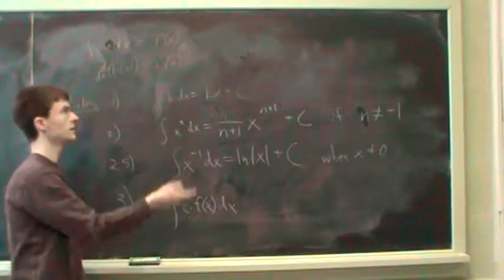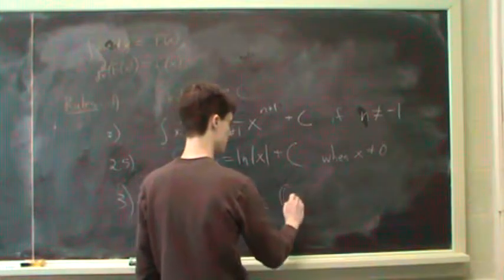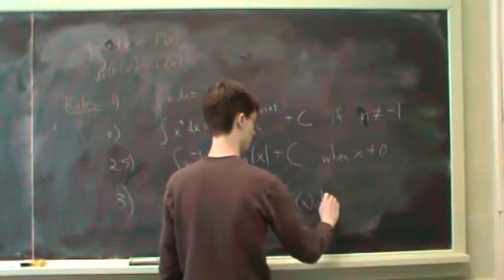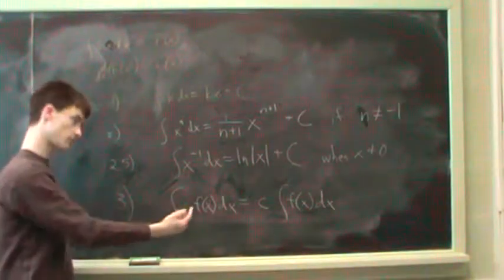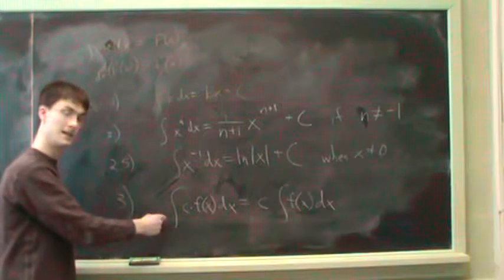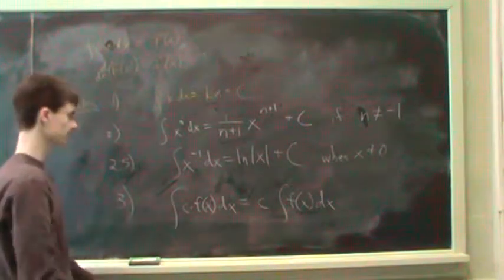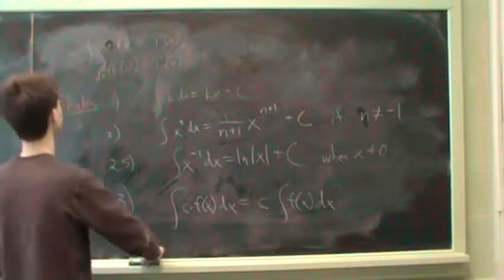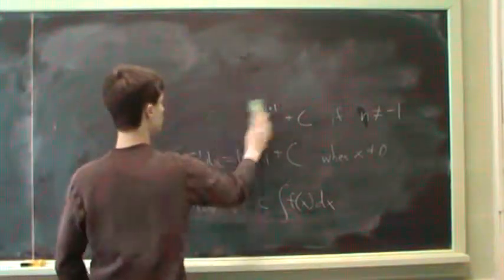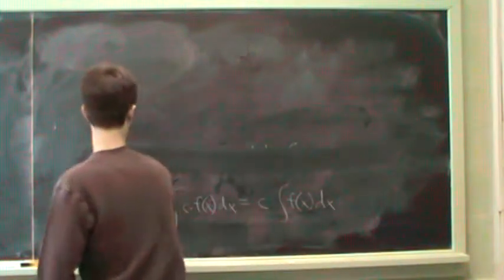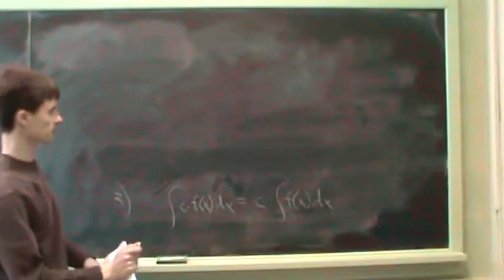And so undoing that basically says that we get the constant times the antiderivative of function f. So that means we can pull constants outside of this integral symbol.